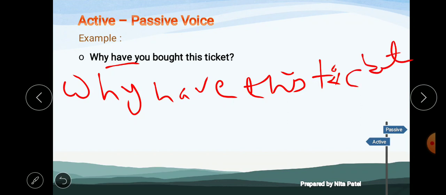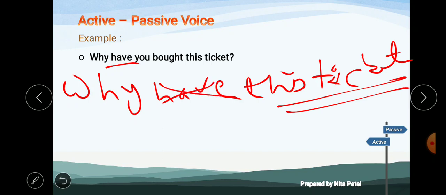Now look at this ticket. It is the third person singular, so "has", "have" won't go with it. What will we have to write? Has. Why has this ticket? To be form of this tense, which tense is used? Look at this, have plus V3 is there. That means it is the present perfect tense.